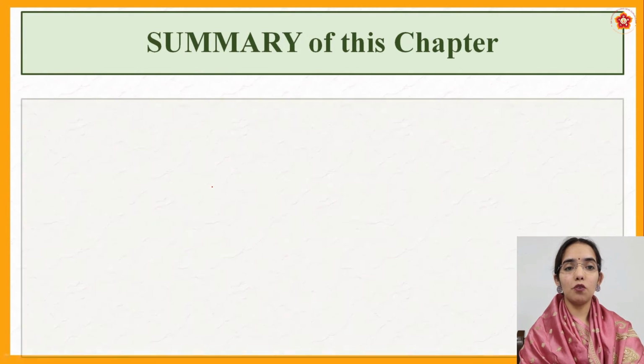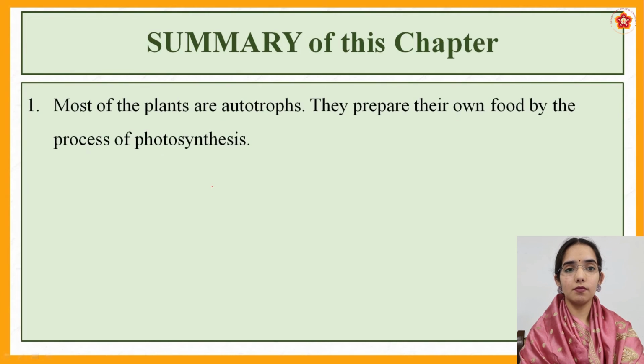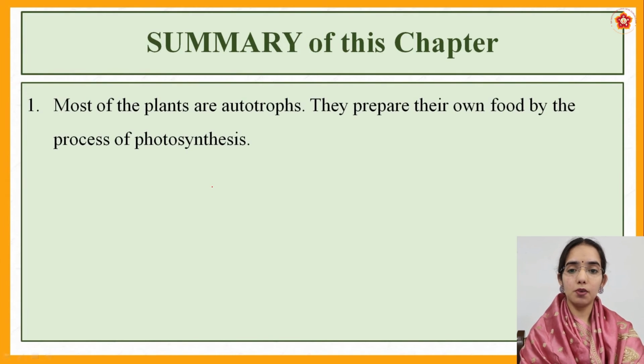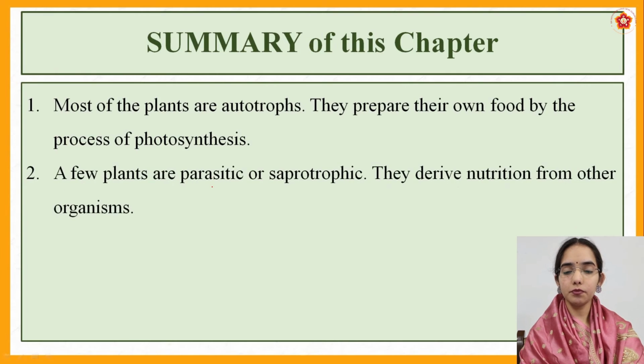Now, the summary of this chapter. First of all, we had learned that most of the plants are autotrophs. They prepare their own food by the process of photosynthesis. We then learned that a few plants are parasitic or saprotrophic.